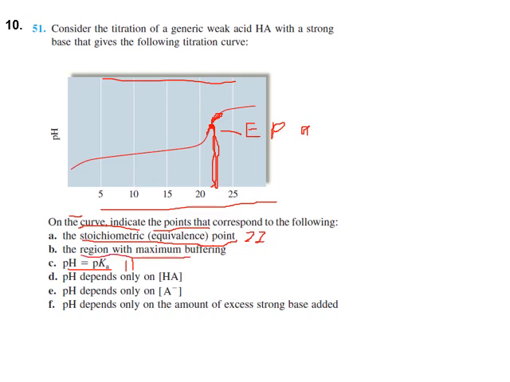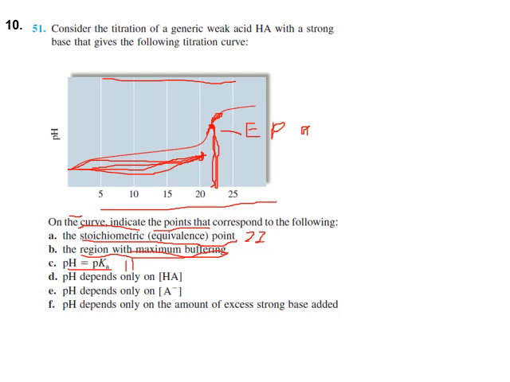I don't know if we specifically mentioned this, but it's this region that's flat right here, from after the start point all the way across to about right about here. It would be about, let's say, 1 milliliter to about 20 or 21 milliliters.